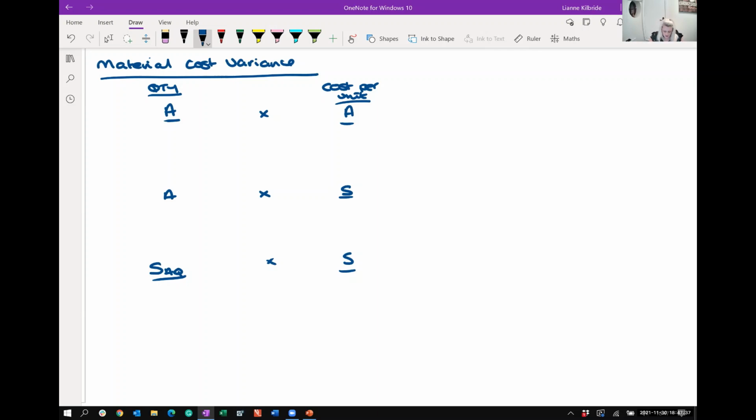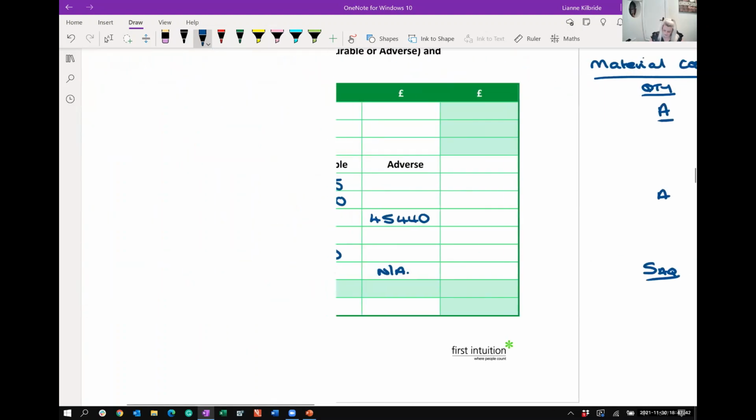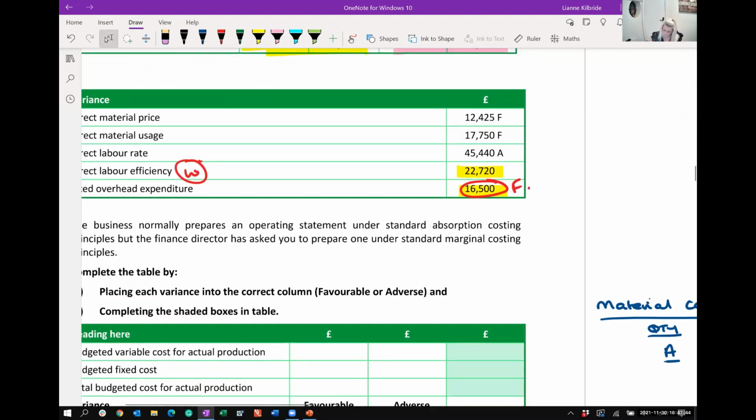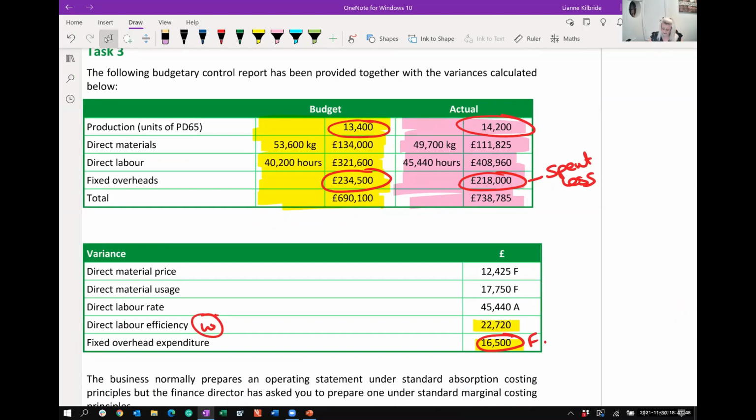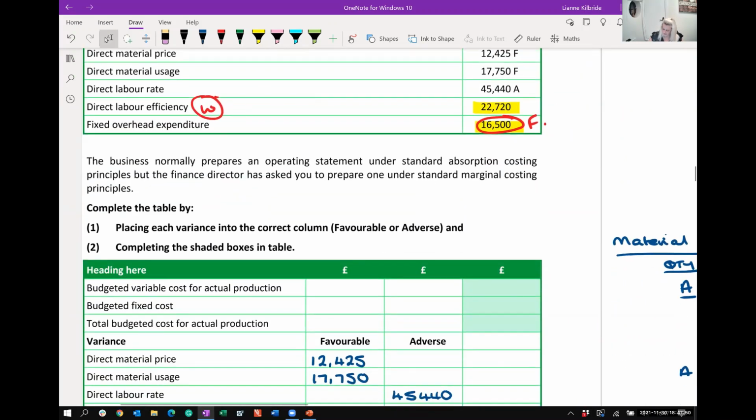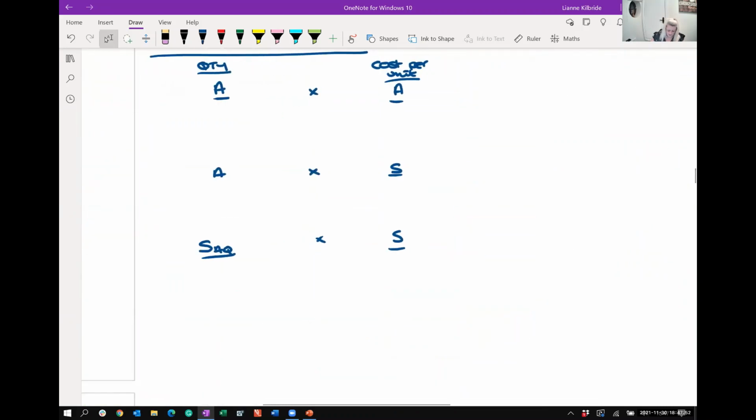So the actual material that we've used in this scenario, if we go back to the table here, I'm going to be using figures from this table that I've highlighted yellow and pink to complete these methods. So we've used 49,700 kilograms of material.